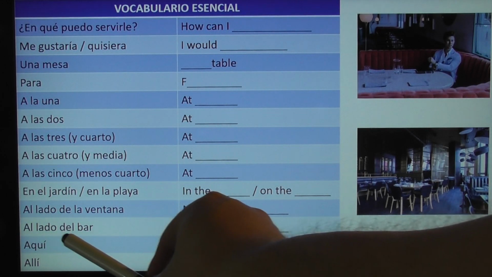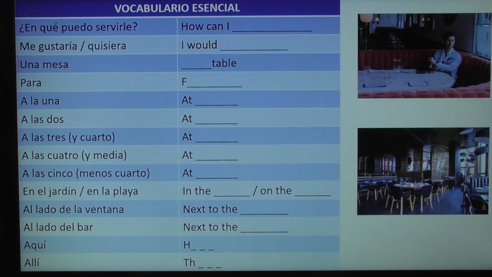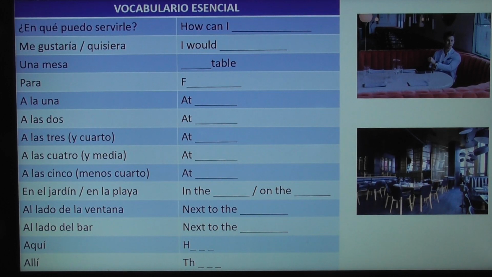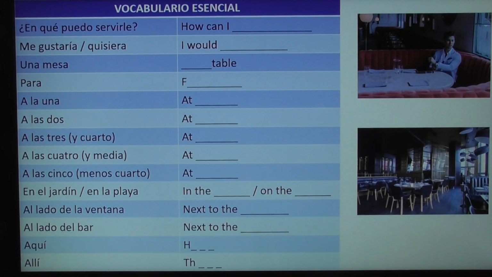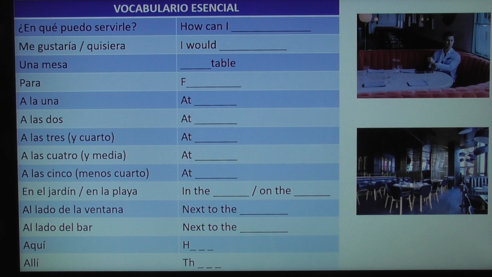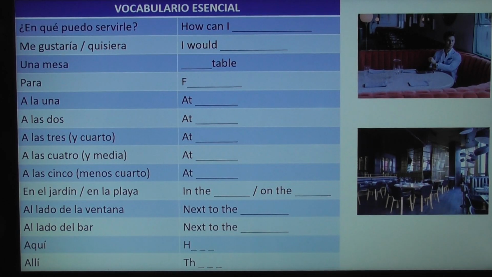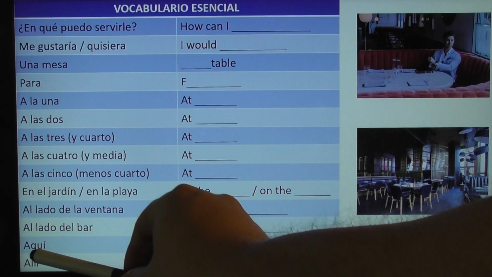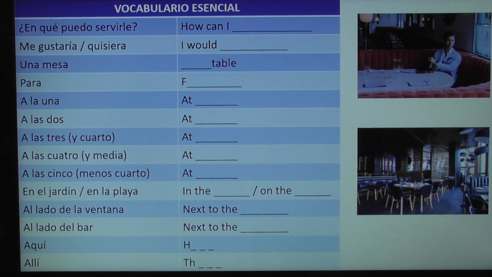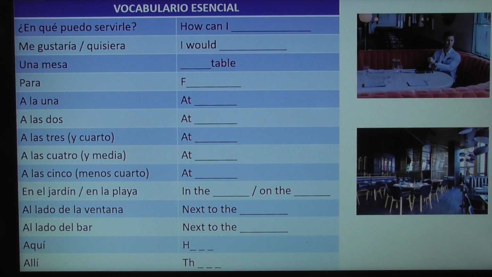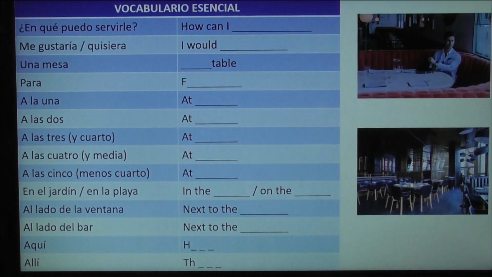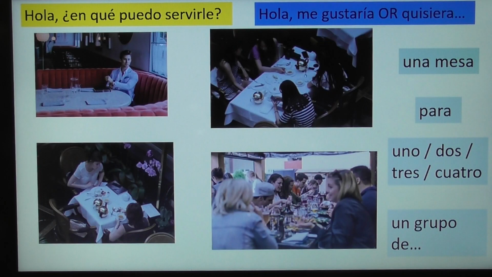Al lado del bar. There. Ahí. Here. Aquí. Here and there. Aquí y ahí. For. Para. Muy bien.